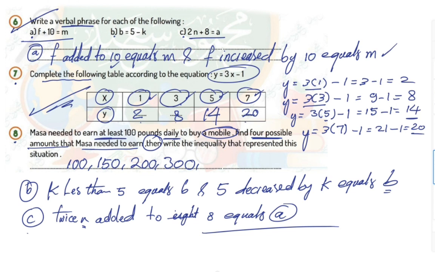Okay, then write an inequality. He needs you to write an inequality representing this situation. The money she will save or earn every day is x. At least 100. Is 100 included or no? At least means I can start with 100. Greater than or less than?